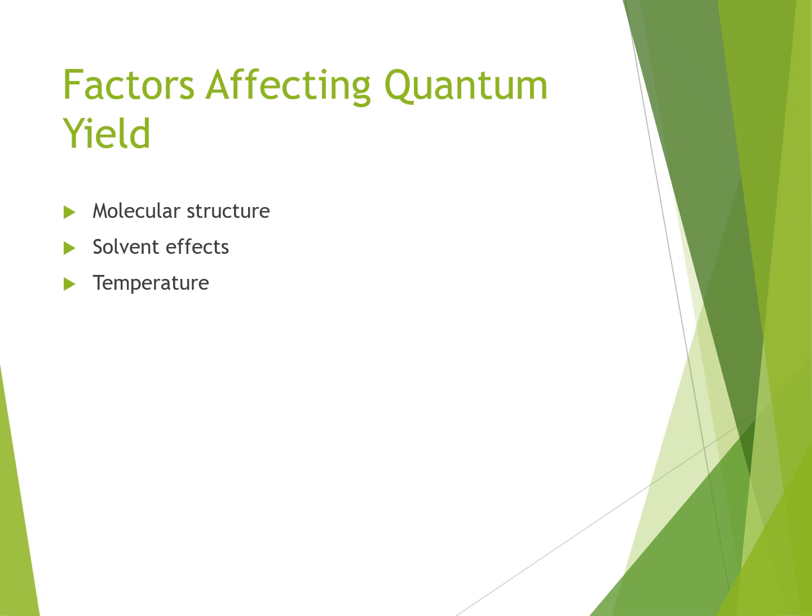As we can see, the quantum yield can be affected by the molecular structure, the solvents which are present, and the temperature. Rigid molecules usually show higher fluorescence. So these factors are very important, as they can affect the quantum yield.